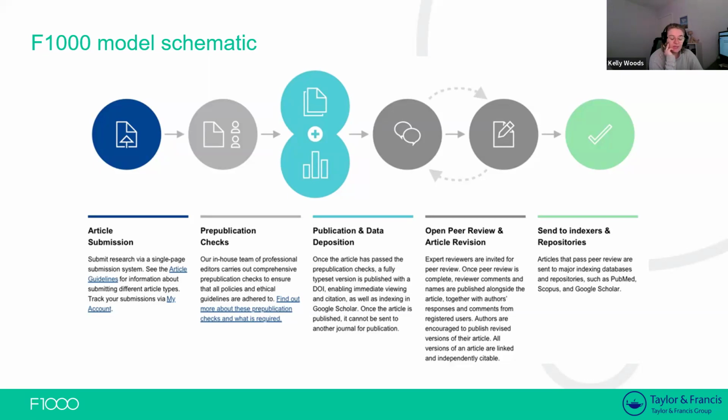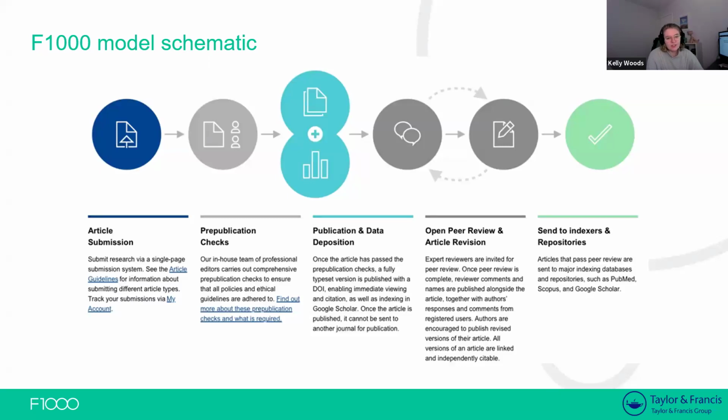Once our team is happy that we've passed all of these checks and the data has been deposited, because we operate on an as open as possible, as closed as necessary, FAIR data principle, we will then publish the article. And our team remain on hand to assist with any of the revisions that we've asked for, in particular including around depositing data, because we're aware that this is something that may be new to a lot of researchers.